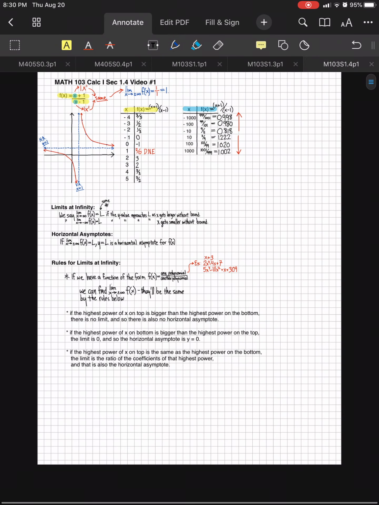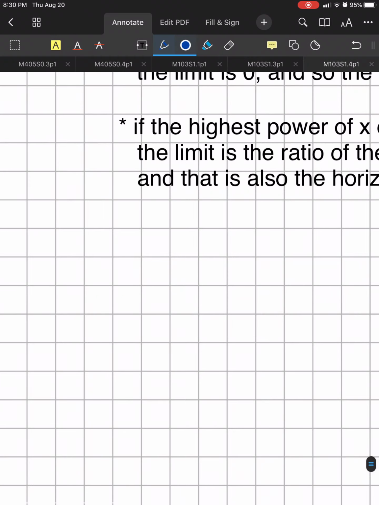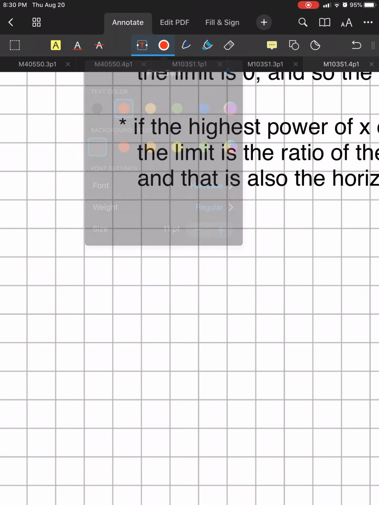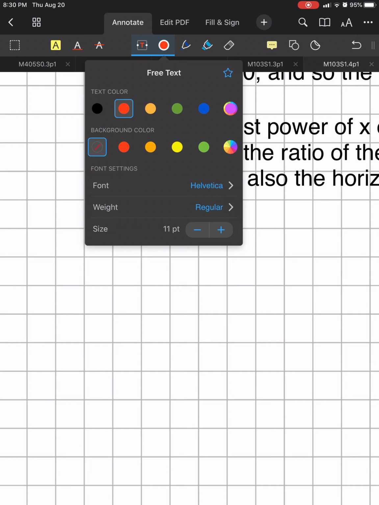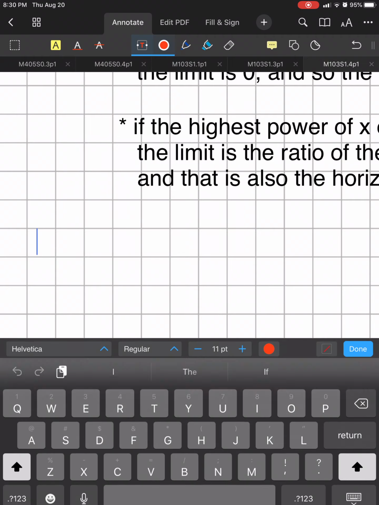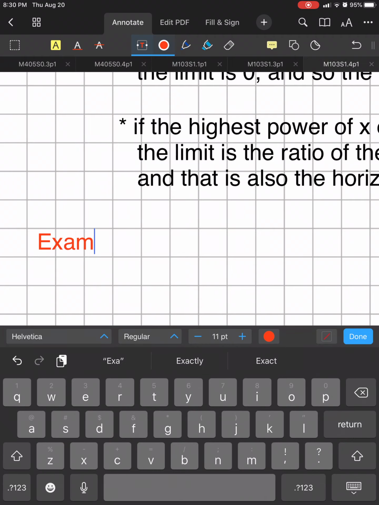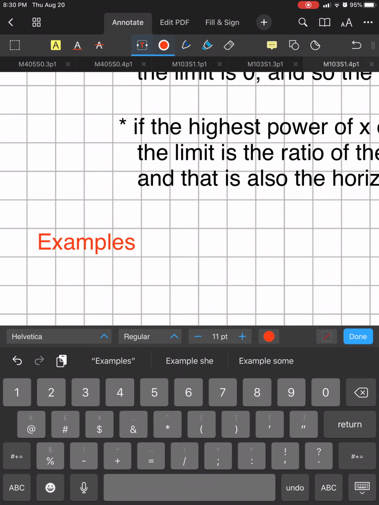So that's how we use this last situation. And hopefully that makes sense. Let's actually do a few examples here. Hang on. Okay. Let me give you 3 examples. I'm just going to make these up off the top of my head. It won't matter though.